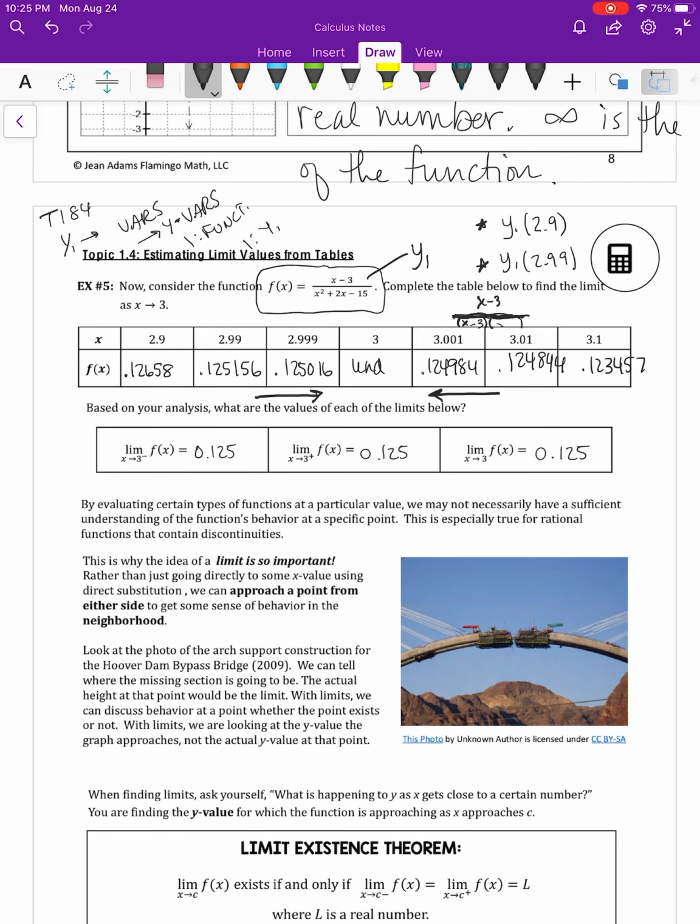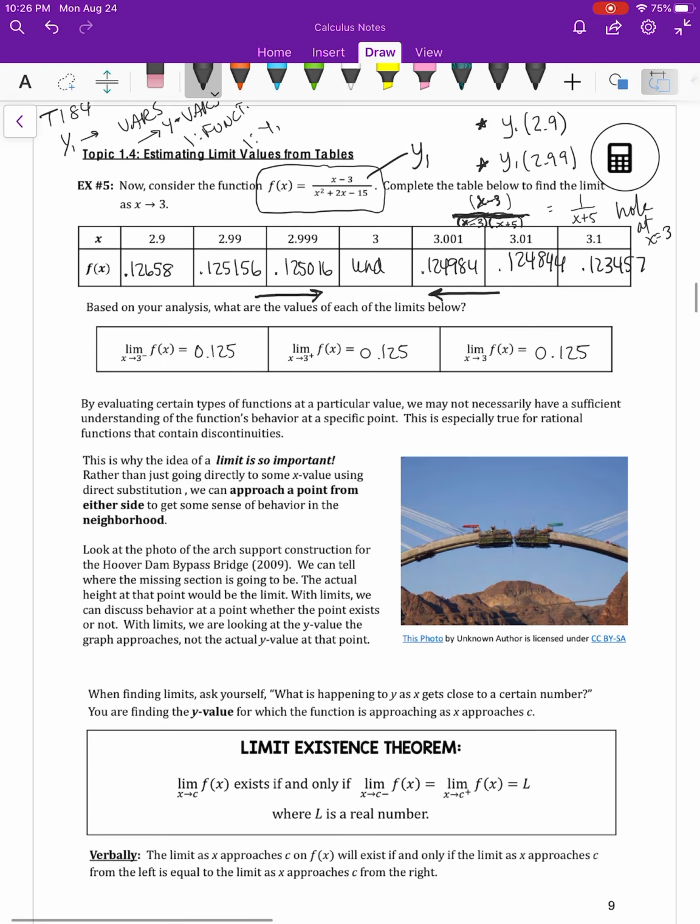So if I do the minus 3 here, and on this one, it's going to be the plus 5. So these x minus 3's cancel. And so really this is going to look like 1 over x plus 5. And that's why there's a hole at x equals 3. That's why that limit exists.